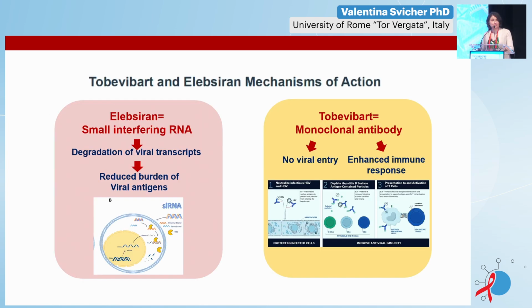A combination that is under evaluation and discussion is the one reported in the slide, based on the use of elebsiran and tobevibart. Elebsiran is an siRNA. A siRNA can again induce the degradation of all viral transcripts, but by a mechanism that is different from that observed for the antisense oligonucleotide.